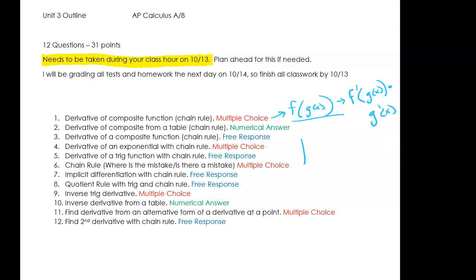But you're going to have a table, and the information in the table is going to be f, g, f prime, g prime. And I know you had questions like this in your homework, where you're given some numbers for each one of these, and you don't know the equation. You just know the number answers. And you're going to have to plug the number answers into the correct spots.